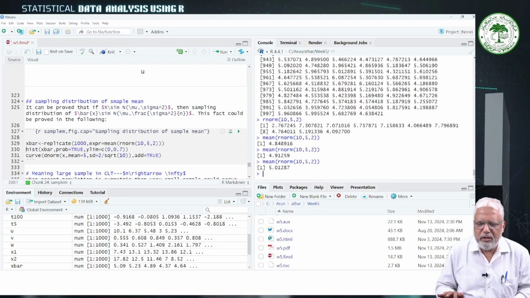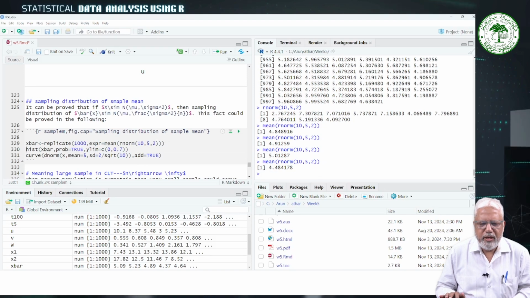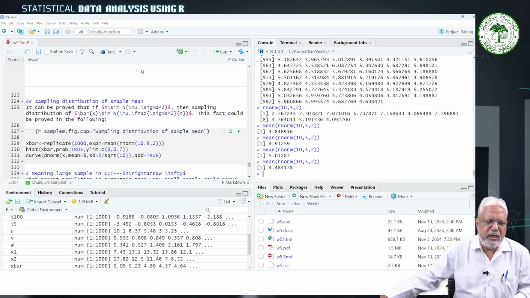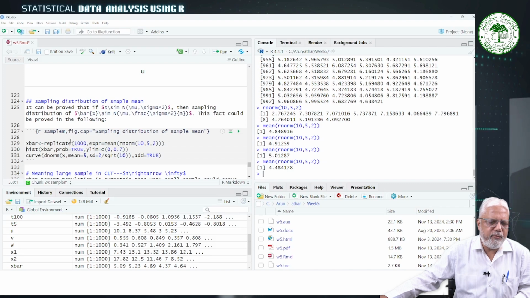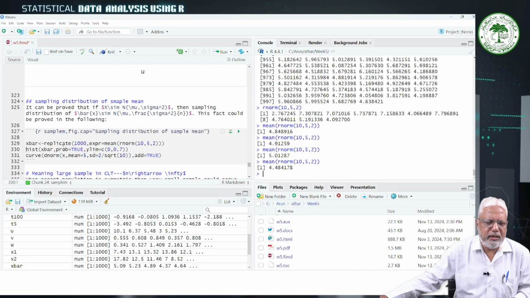If we run it, it will have a different mean again. So, how many times do we want to generate? 1000 times. So, we can get 1000 sample means. The replicate function facilitates this computation, and we are getting 1000 sample means, and that is nothing but X bar.